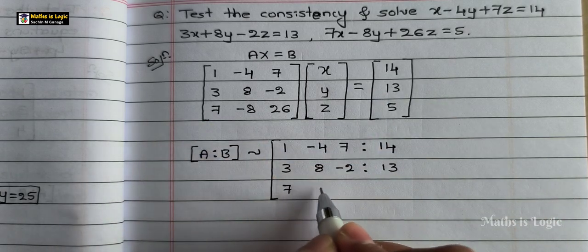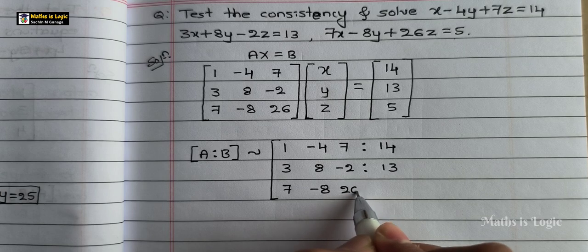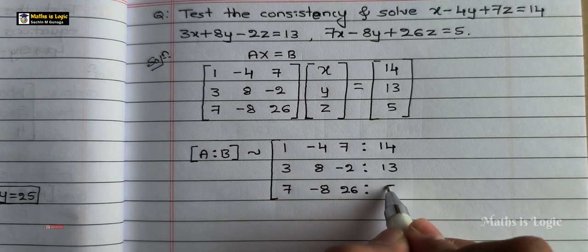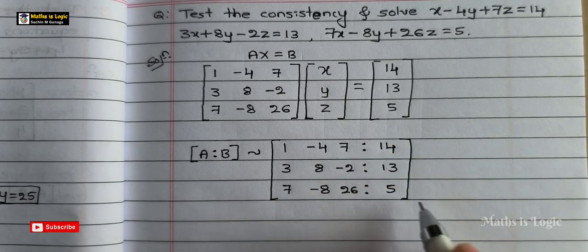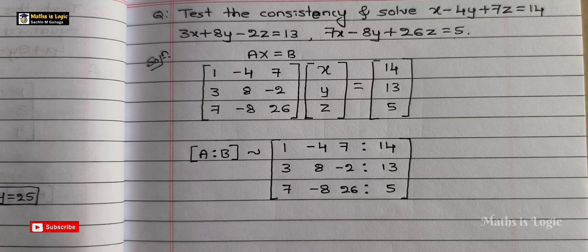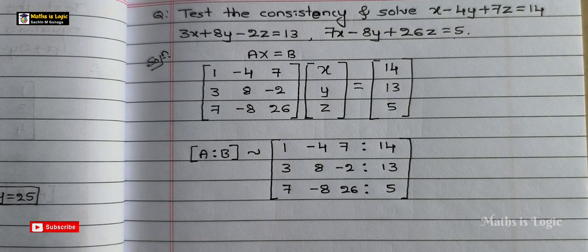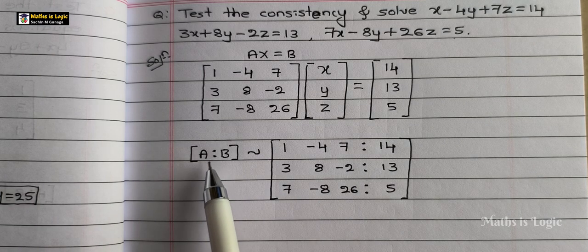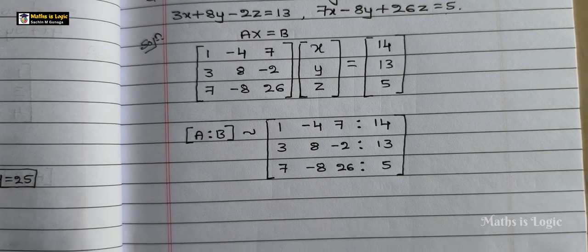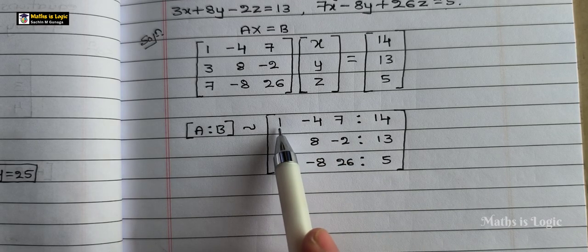Next 7 minus 8, 26 colon. Next is 5. So this is augmented matrix. Now we should apply row reduced to echelon form to find out rank of this augmented matrix. Now leading element is 1.